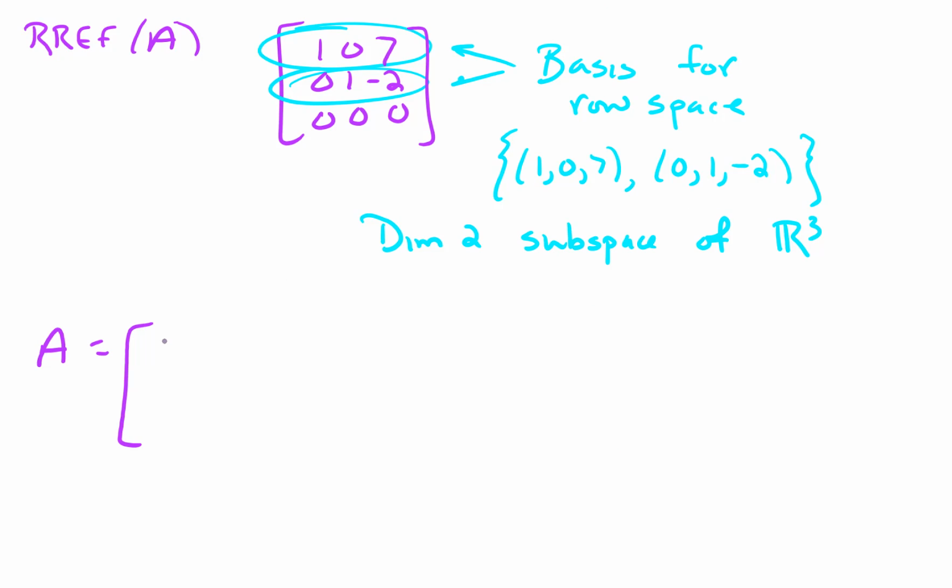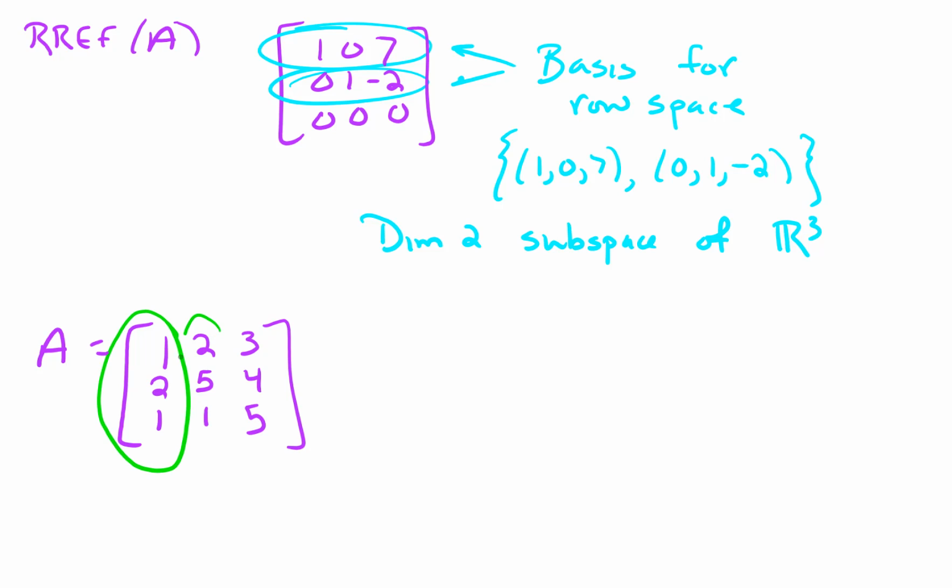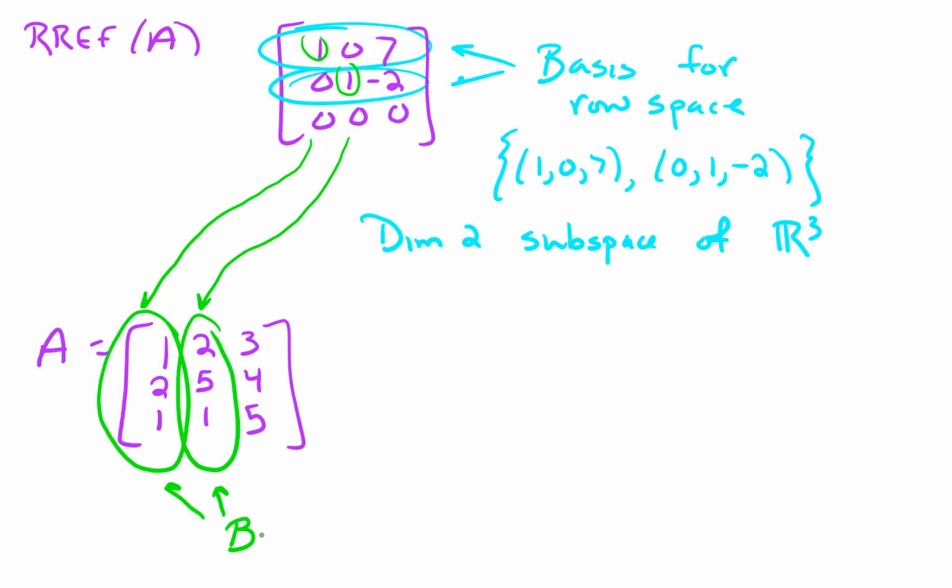Those columns with the leading ones correspond to the columns of A that would serve as a basis for the column space. So here's one vector, here's another vector. Those correspond to the columns where we obtain those leading ones. And so those two columns form a basis for the column space.